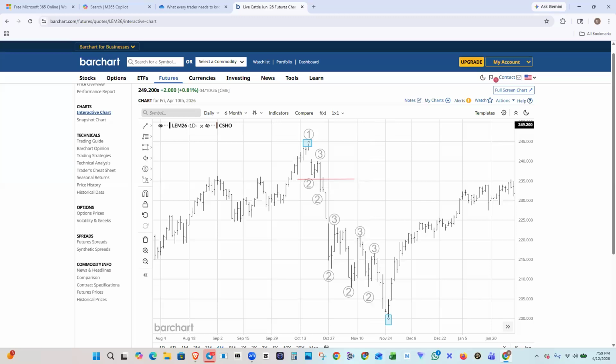We're still in the trade until we get to the bottom of the chart. Put that number 2 under the lowest point.